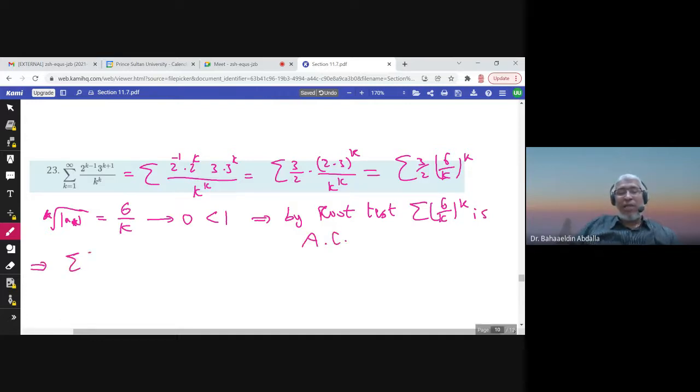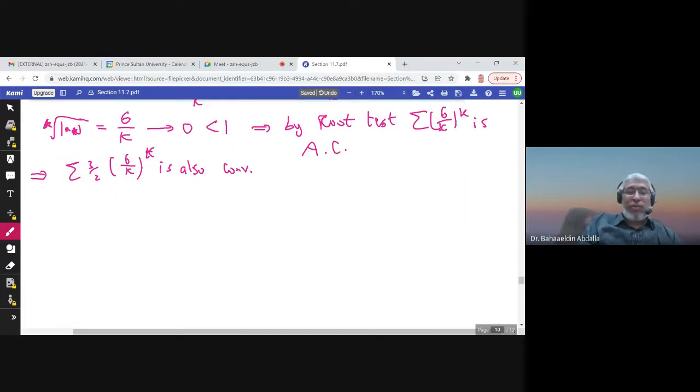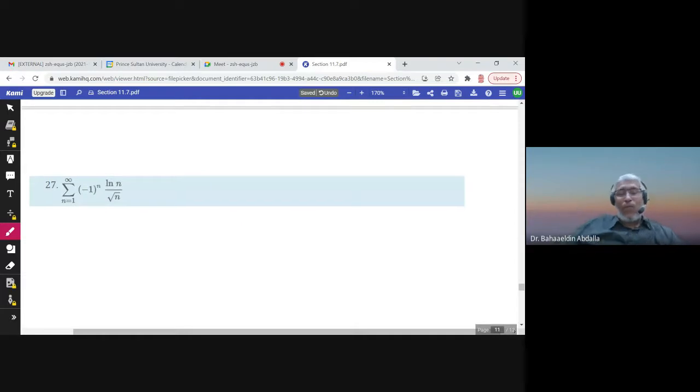Then a multiple of this series would be also convergent. Okay, a multiple of a convergent is a convergent. Here I have an alternating series, so I will use the alternating series test.